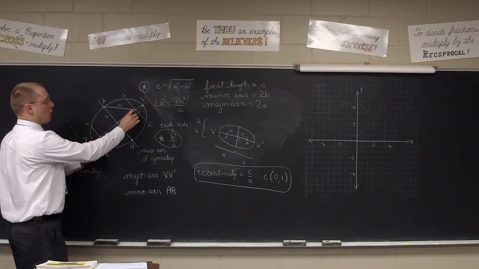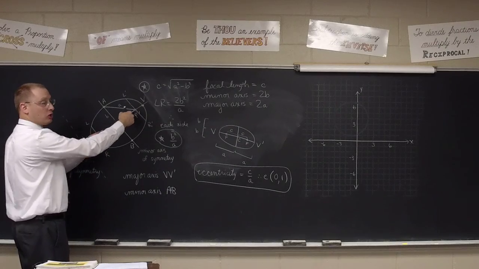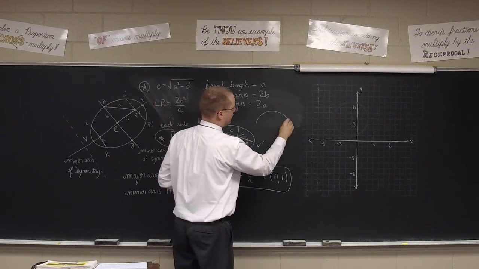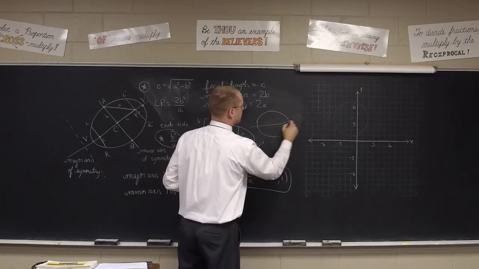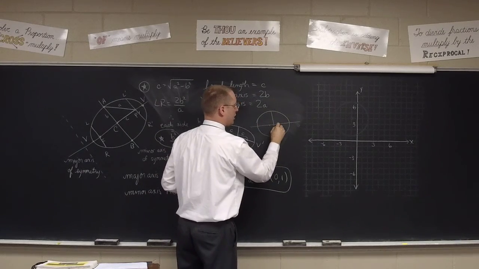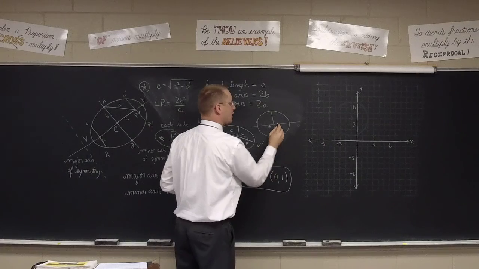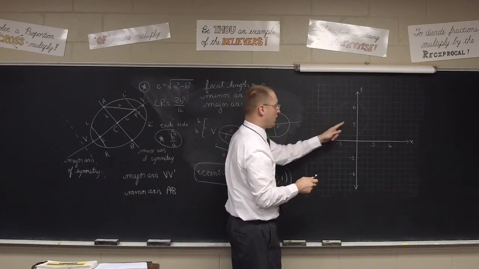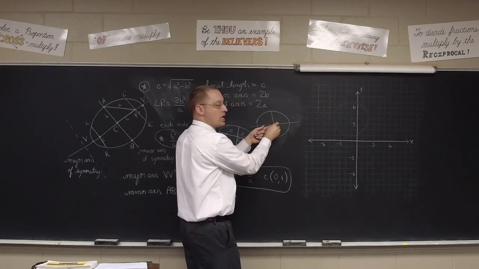Now imagine if the foci came in closer together. That happens if the ellipse is nearly circular. Your foci will be very close to the center, and for a perfect circle, both foci coincide at the center.